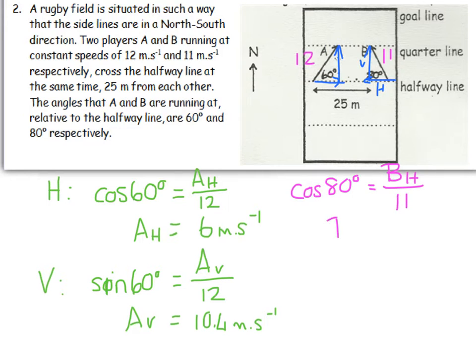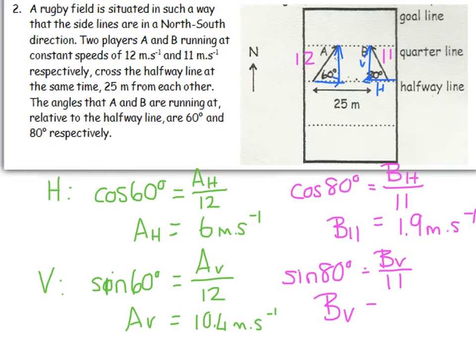And I find that B's horizontal component turns out to be 1,9 meters per second. And the vertical component, sine of 80 degrees, is equal to B's vertical component over 11, and B's vertical component is equal to 10,8 meters per second.